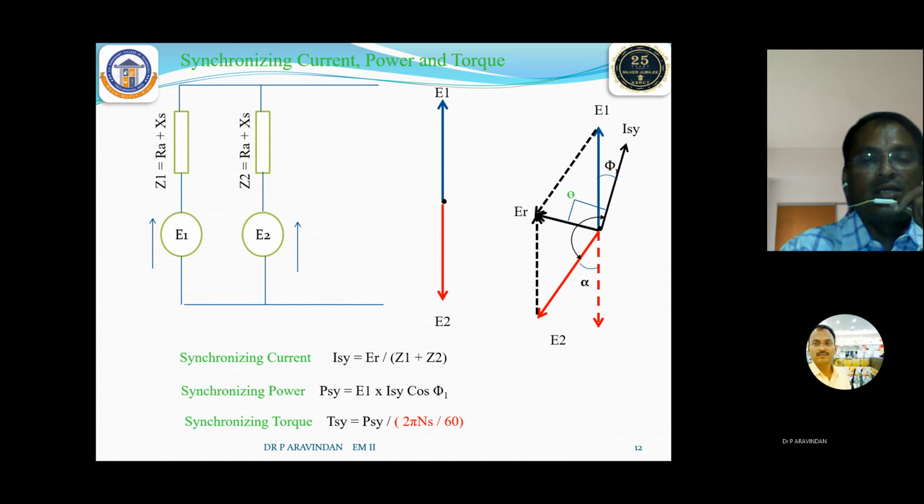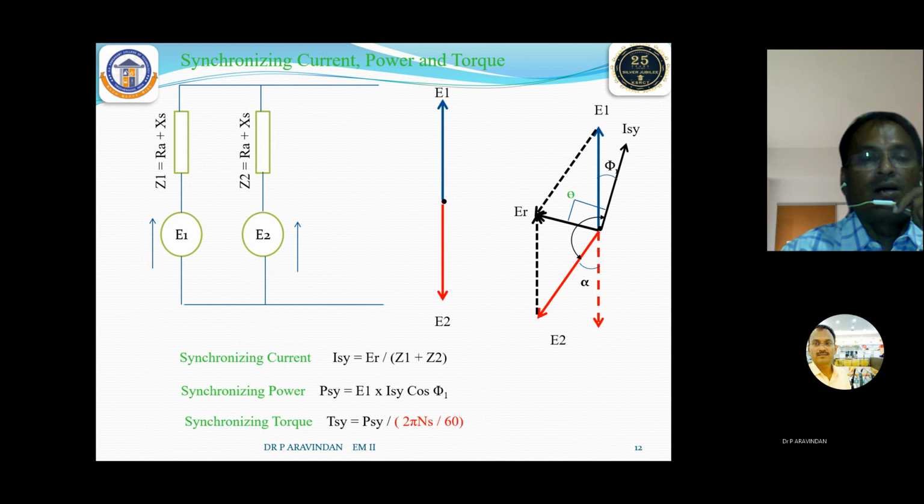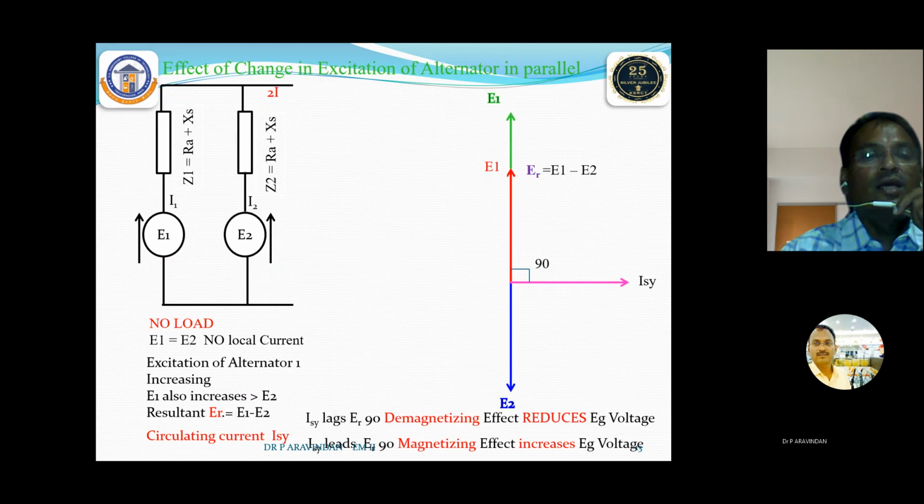Using this, we can find out the power and the power factor, as well as the leading current. Using ER, ISY and E1, we can find out ISY, PSY and TSY.